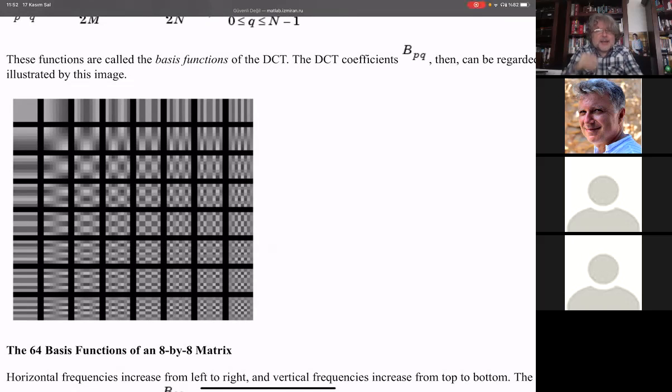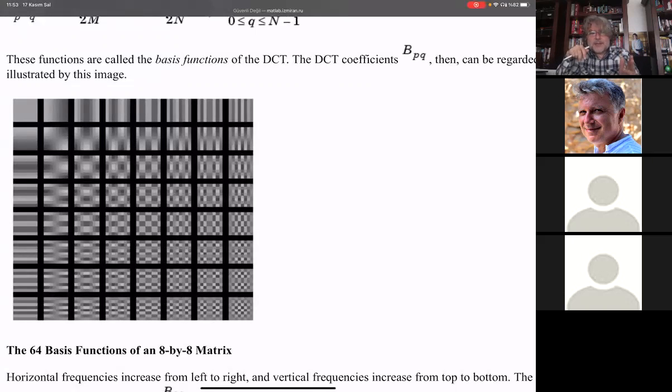For example, the 2 by 2 is 1001 like thing. But as you increase the frequency horizontally, you proceed further to the horizontal side, you see that the vertical frequency is only showing one oscillation. And towards the right-hand side, the frequency increases.